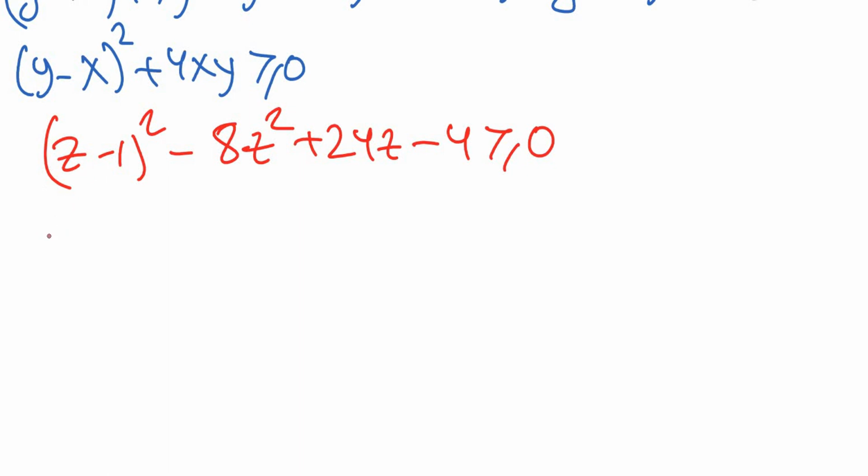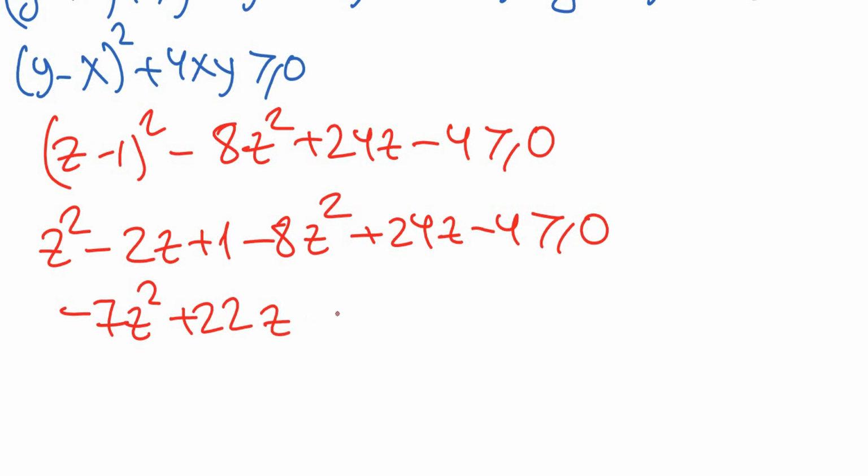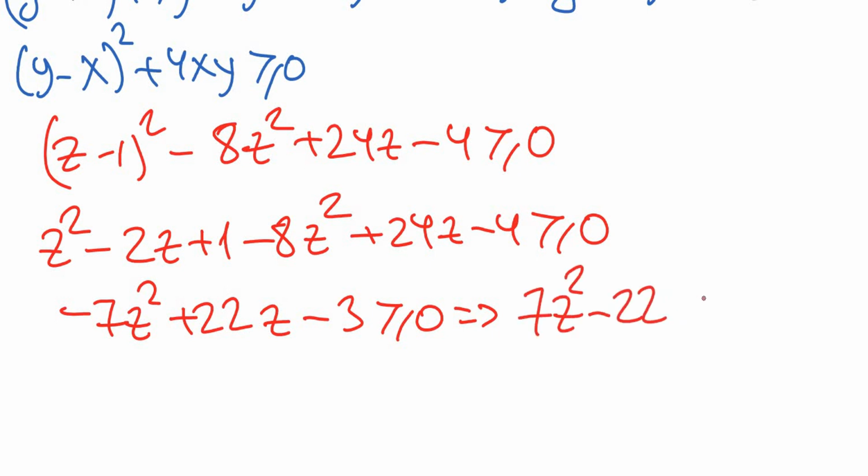So first let me expand the first expression: z squared minus 2z plus 1 minus 8z squared plus 24z minus 4 greater or equal than 0. Now minus 7z squared plus 22z minus 3 greater or equal than 0. Now let me move all terms to the other side, then I will get 7z squared minus 22z plus 3 less or equal than 0.